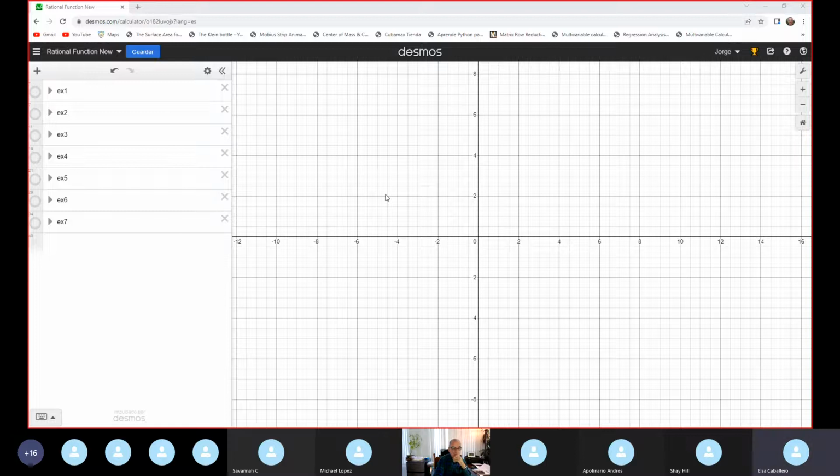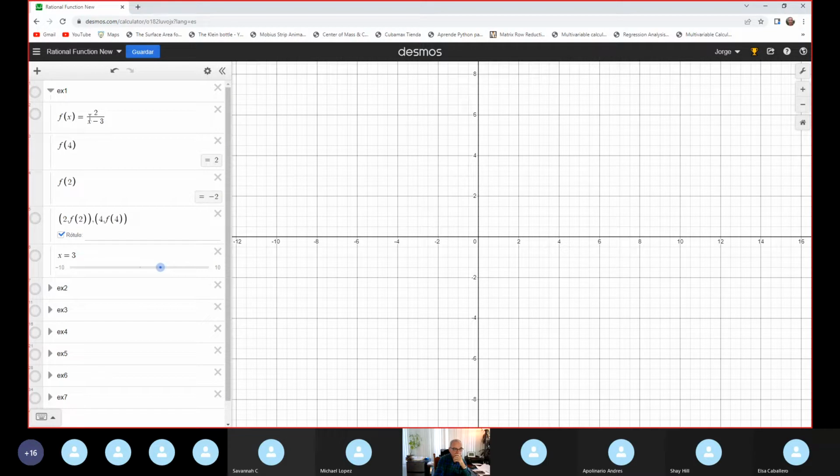Yes? Okay. Example 1, that was easy, was the function 2 over x minus 3. And this is another fantastic way, guys. You take advantage of function notation. Instead of putting y, you put f of x, either way, the way that you prefer. But what is the advantage of this?